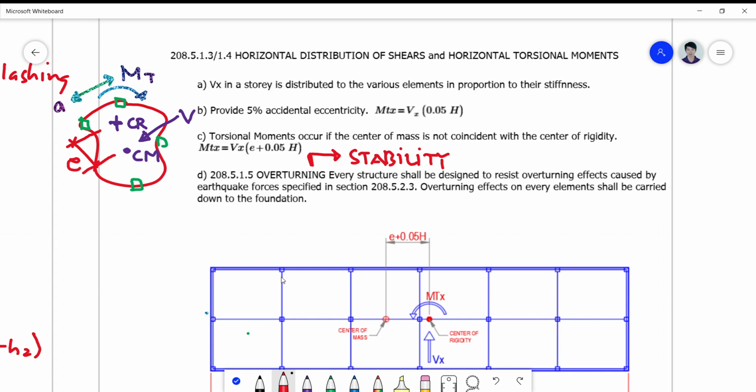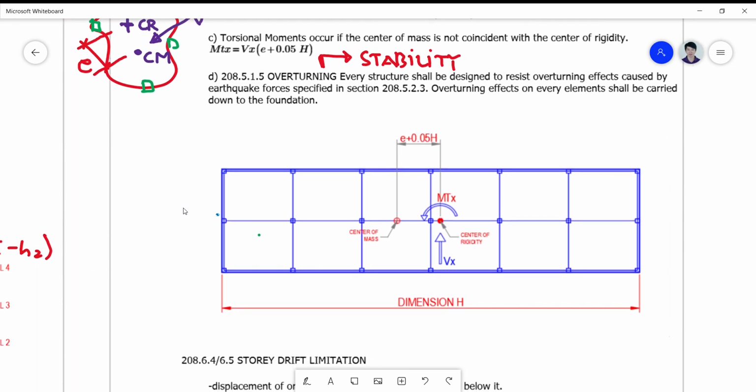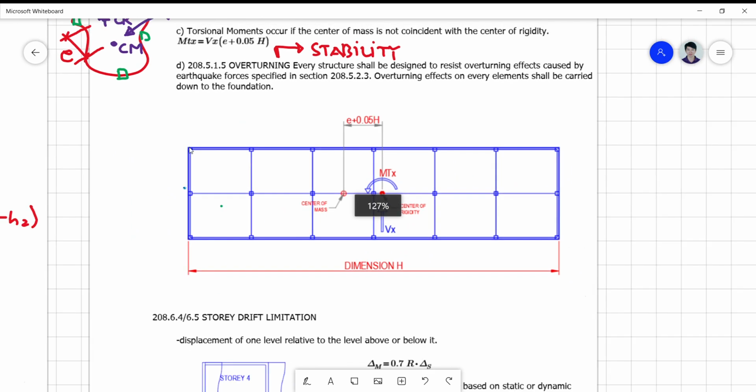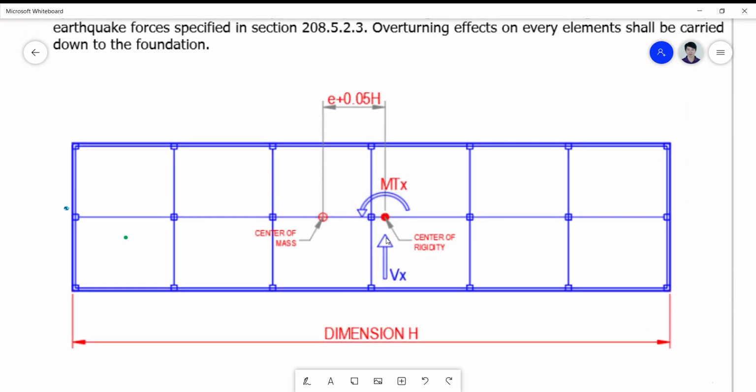Here we have a sample of what I have described in general: a structure which has an accidental eccentricity of 0.05 of the horizontal dimension h plus a certain eccentricity due to the offset of the center of mass to the center of rigidity.